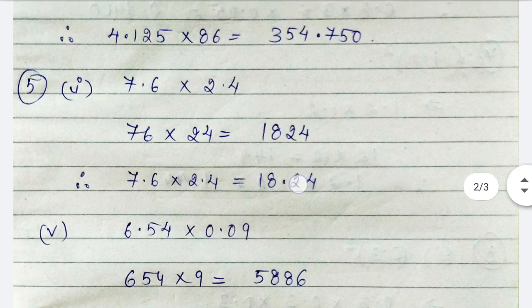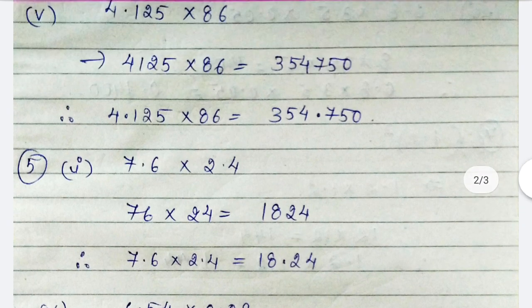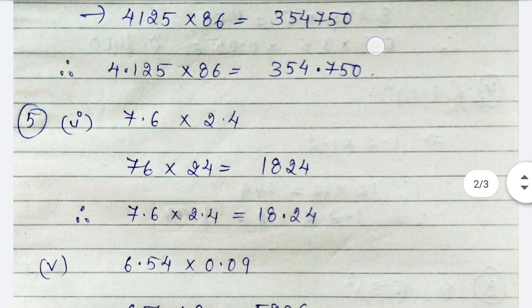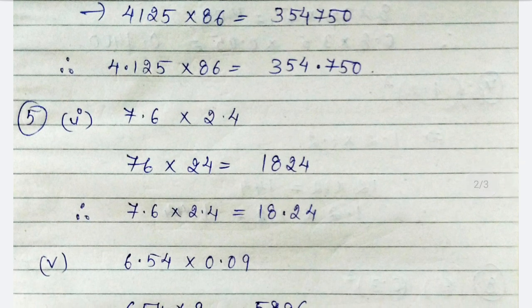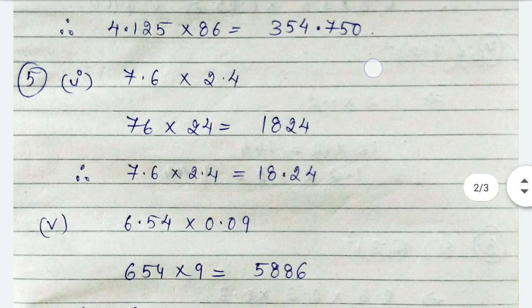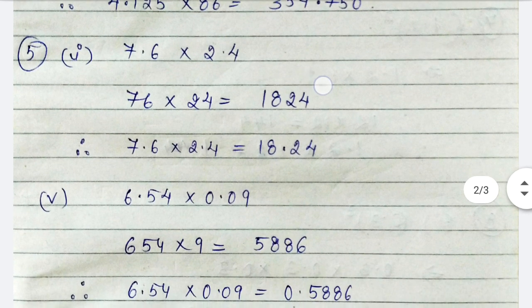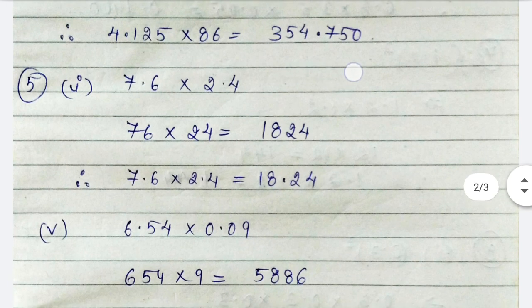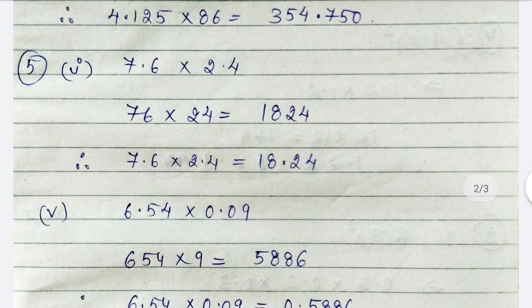So you have to apply the decimal in the answer 3 place values left, that is before 0, 5 and 7. So your answer is 354.750. Clear?